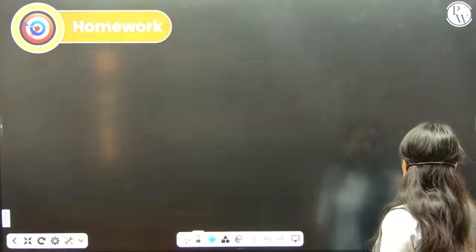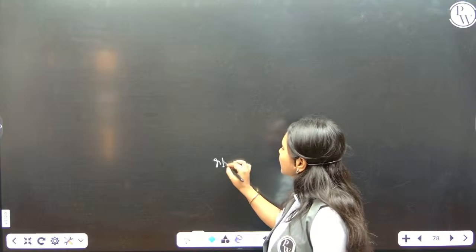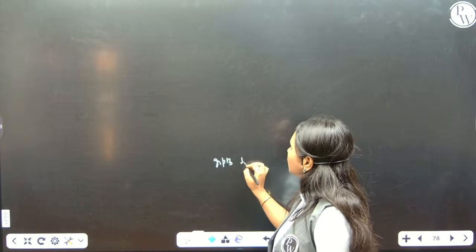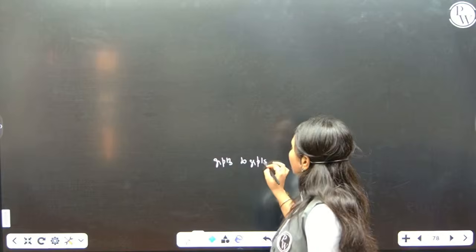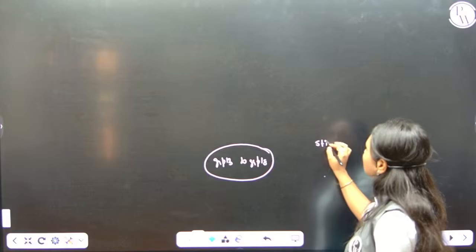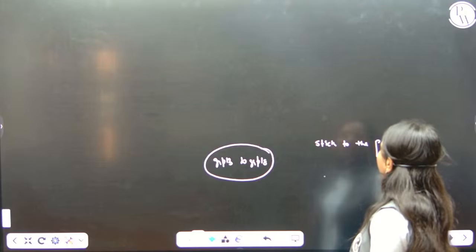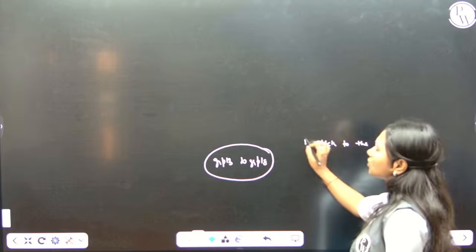So here we have revised the whole p block, group 13 to group 18. My suggestion would be to stick to the portion given in the NCERT syllabus.